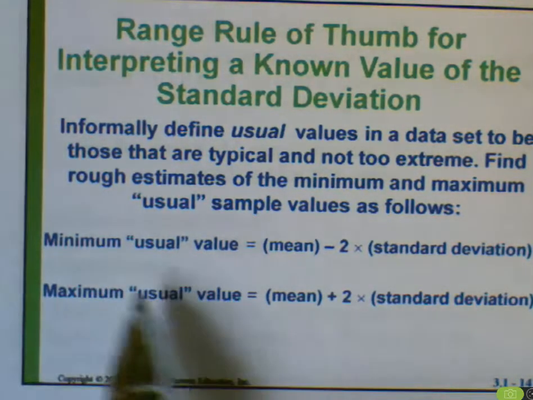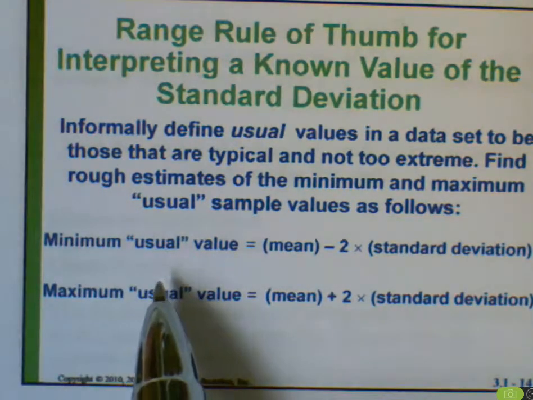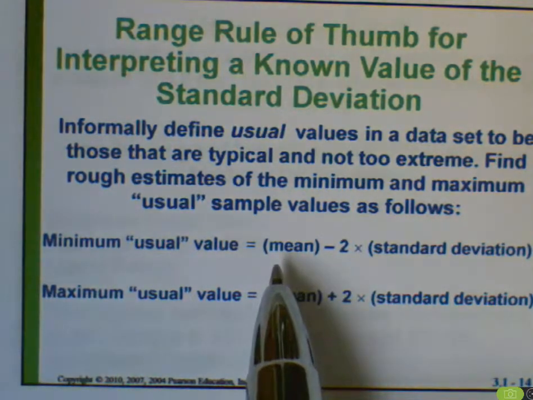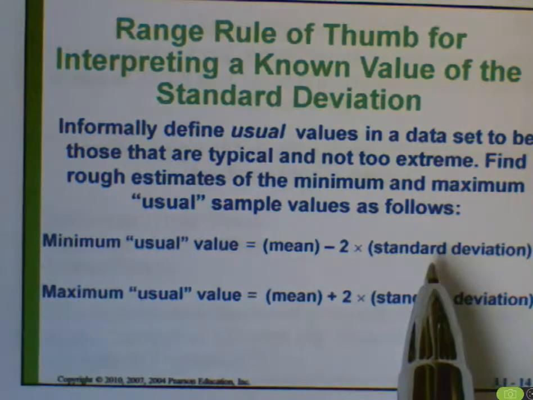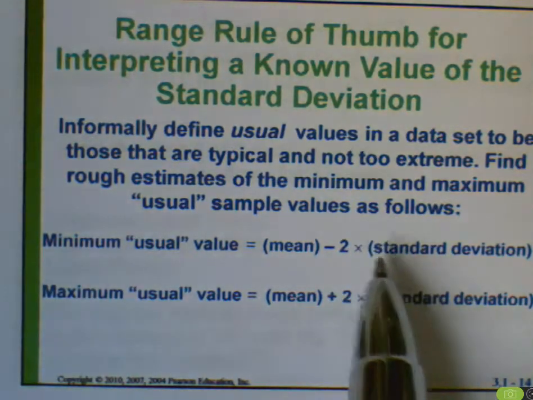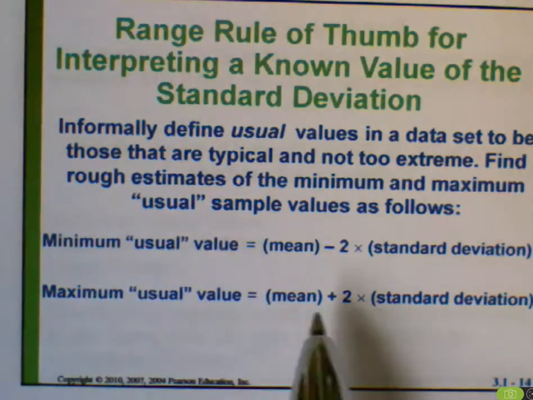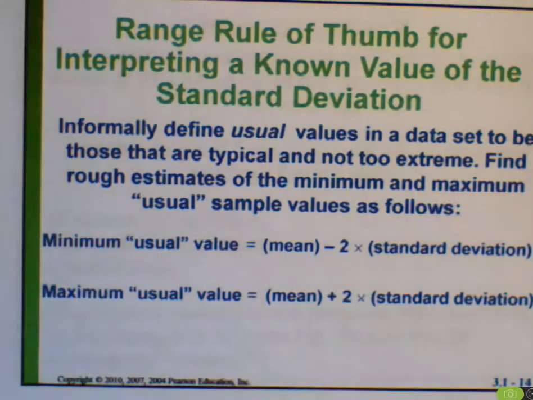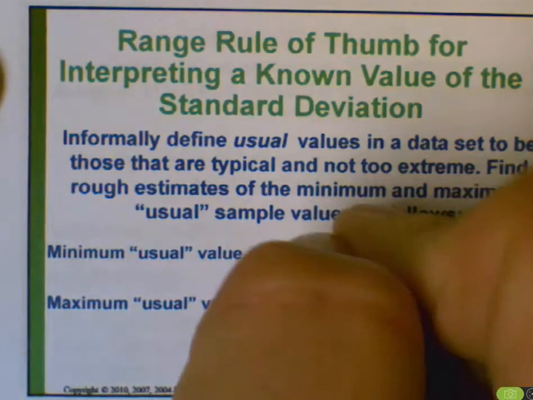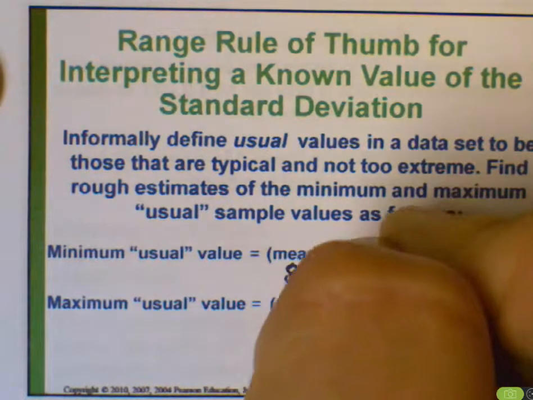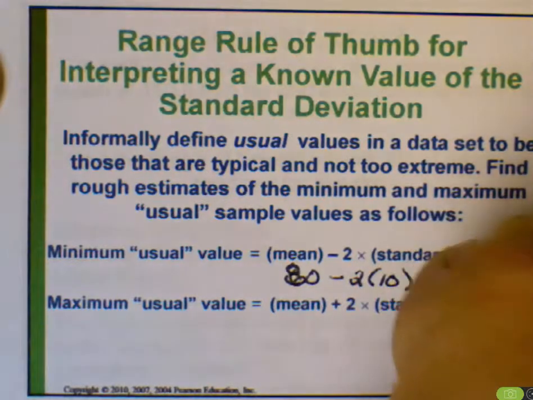We can find the lowest usual value, just like we did in the previous example. We said the mean was 80, one standard deviation is 10, so two standard deviations is 20. I'm sorry, 80 was the mean. 80 minus two standard deviations is 60.